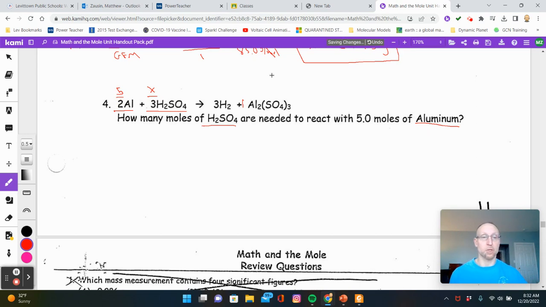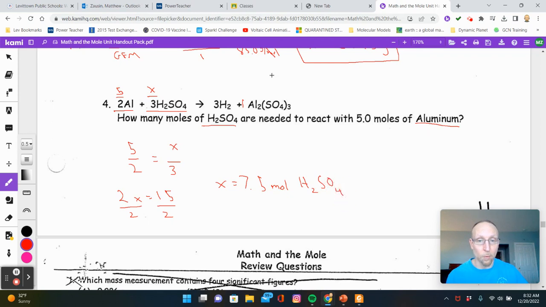So we set up the proportion right in the equation, pull it out, and cross multiply. Right? So we get 2x equals 15, divide by 2, divide by 2, and we get x equals 7.5 moles of what? H2SO4.